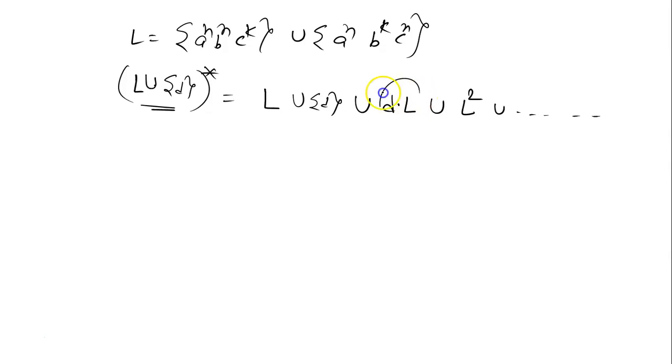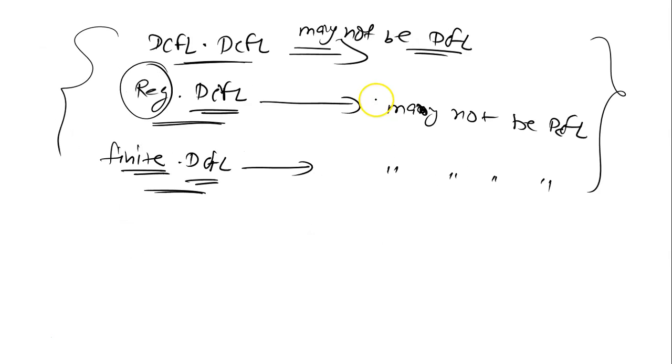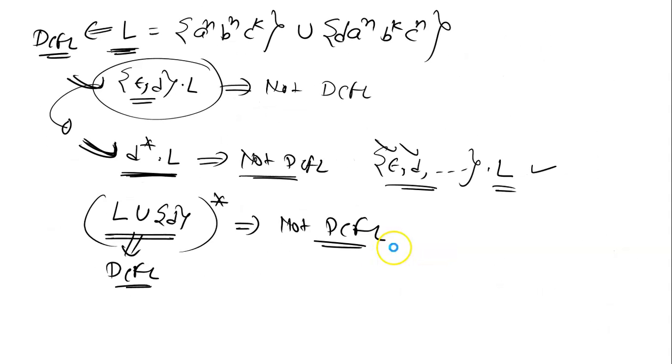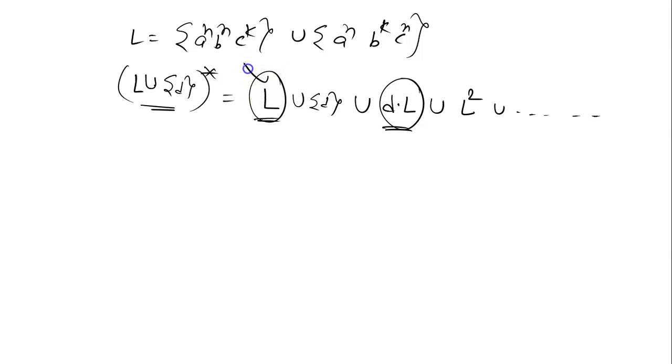Again, what will happen here? The same thing. This D dot L and this L, you can just check it out. We have already seen this in our previous example, where we had DL union L. The same situation will happen here. So this is our L, sorry, this was D here.